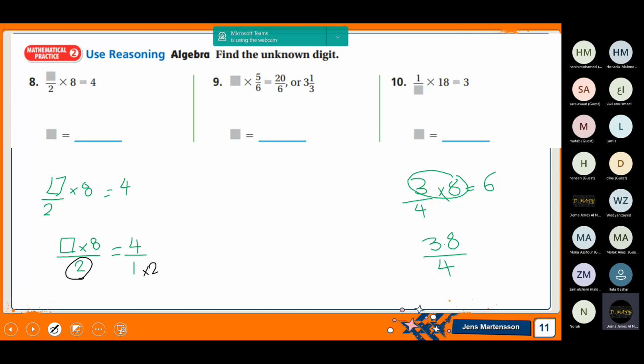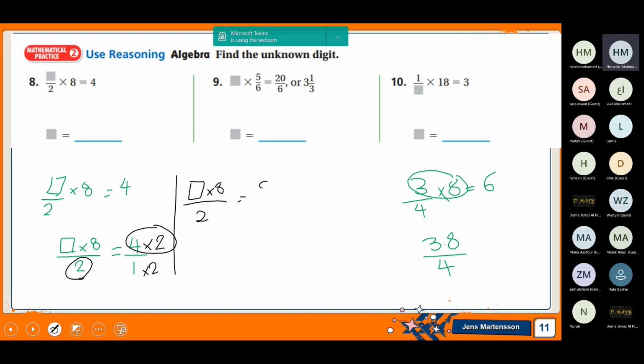And if you multiply the denominator, you have to multiply the numerator. Then 4 times 2 is what? 8. 8 over 2. Now, the denominators are the same.